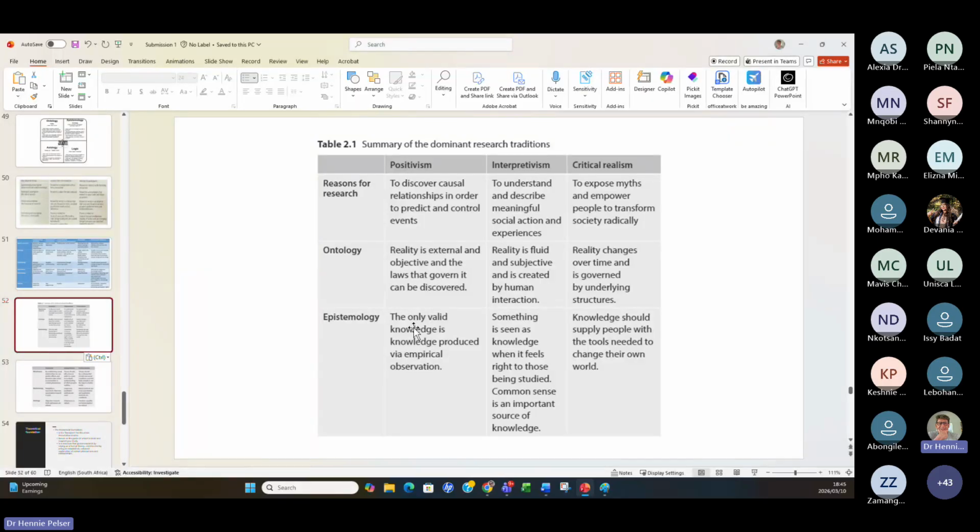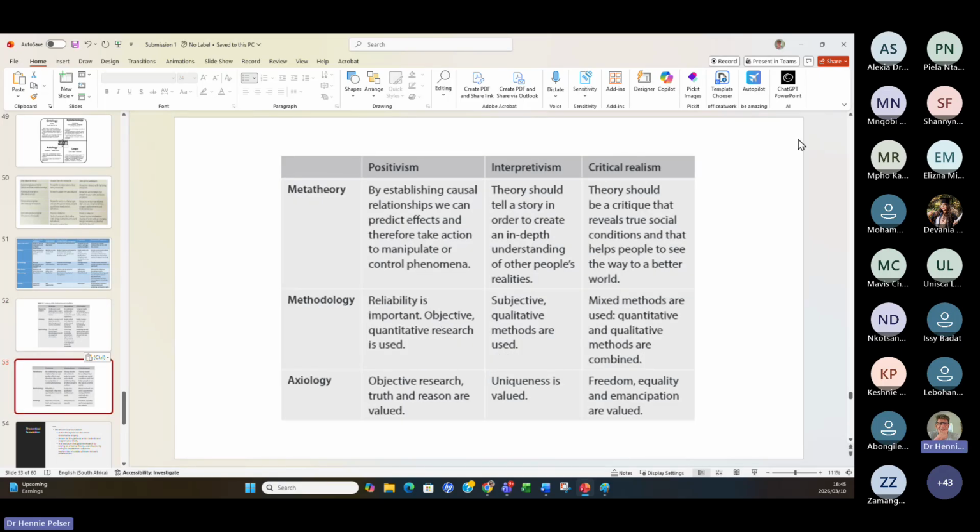Valid knowledge is something that can ultimately be summarized into a set of laws. In terms of the interpretivist approach, the idea of knowledge is vested within those individuals who've experienced that particular phenomenon. And then your axiology is the one that we have here.